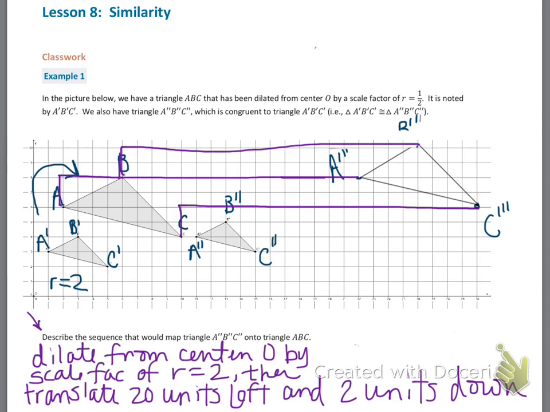Okay, and so because we could describe a sequence that would map A double prime, B double prime, C double prime onto triangle ABC, we can make this statement. We can say that triangle A double prime, B double prime, C double prime is similar to triangle ABC.